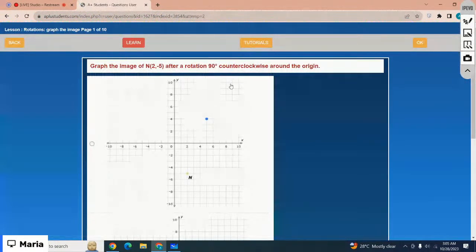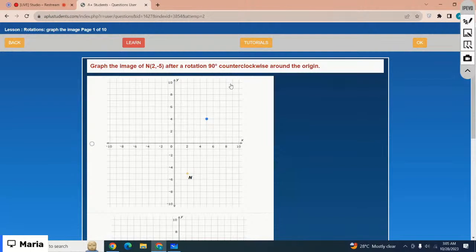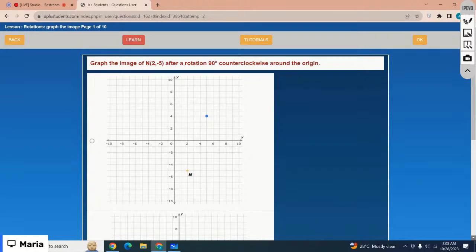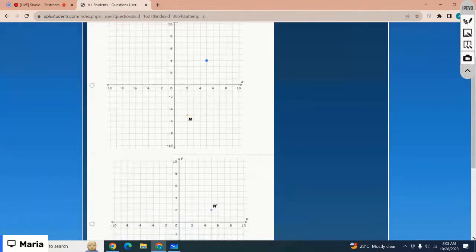Graph the image of N(2, -5) after a rotation of 90 degrees clockwise around the origin. The point is N(2, -5). You have to do a 90-degree rotation clockwise, right?